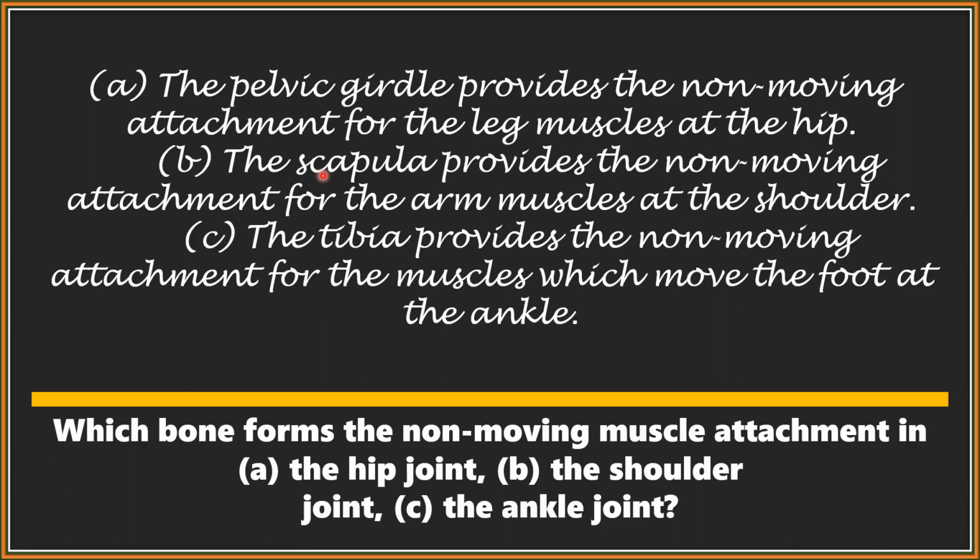The scapula provides the non-moving attachment for the arm muscle at the shoulder. The tibia provides the non-moving attachment for muscles which move the foot at the ankle.